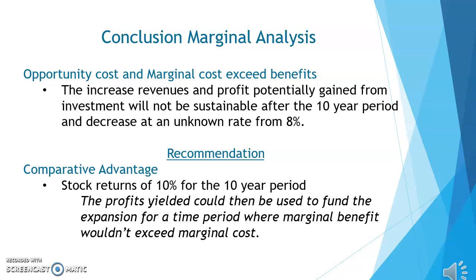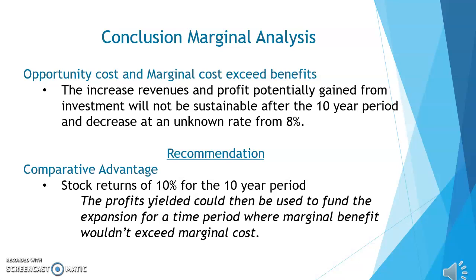We use the stock returns of 10% for that 10-year period, and the profits yielded from that 10-year period could be used to fund the expansion for a time period where marginal benefit wouldn't exceed marginal cost. So we talked about total profit being maximized when marginal cost equals marginal benefit.